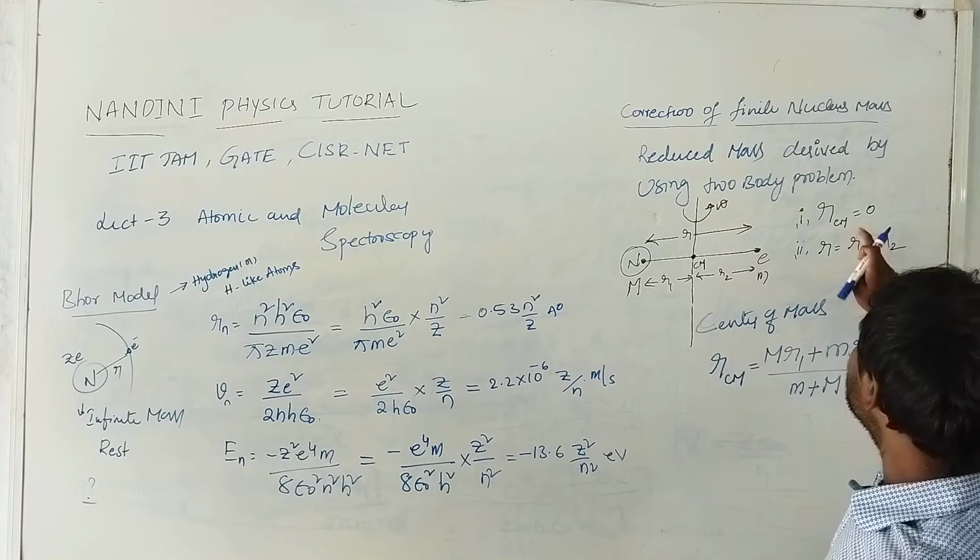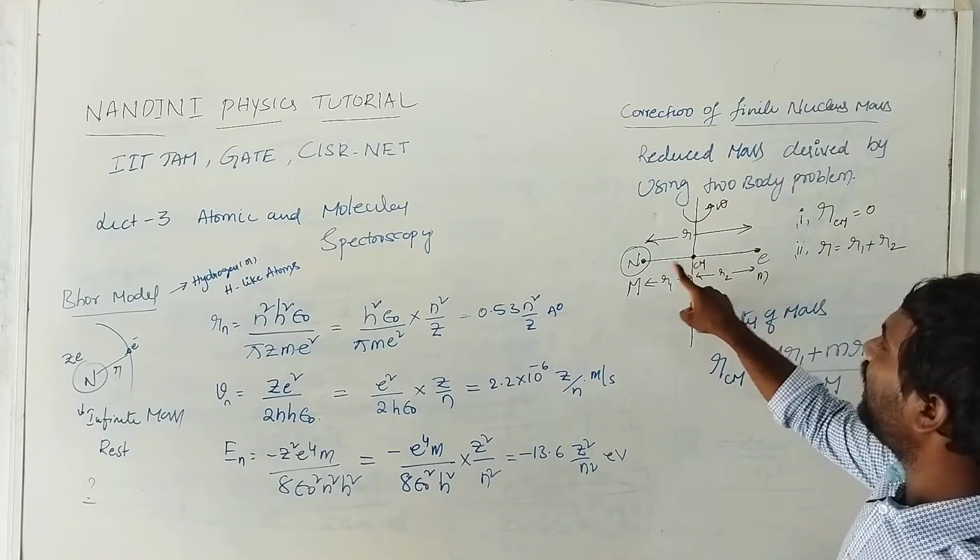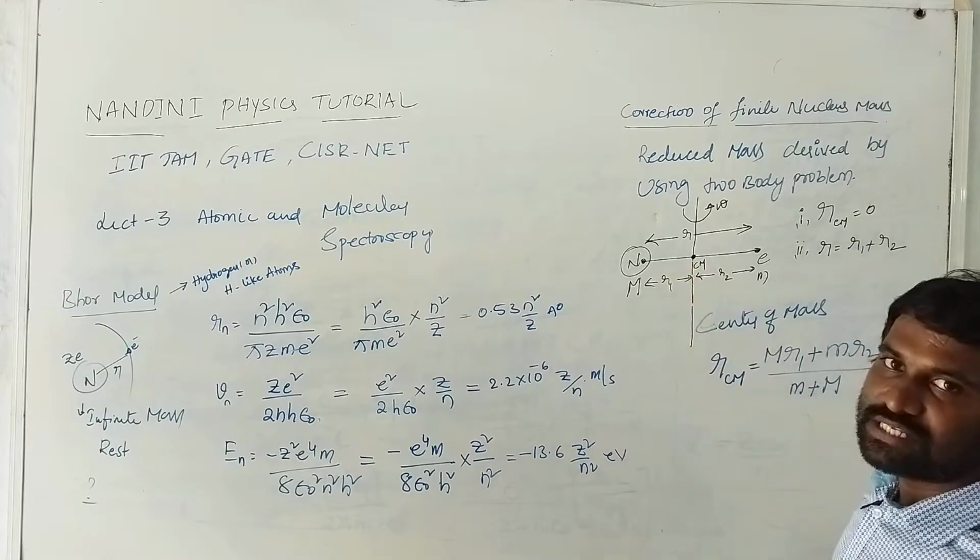Now I implement the first assumption: for these two charges the center of mass is always equal to 0.